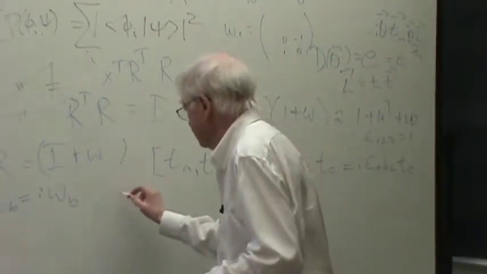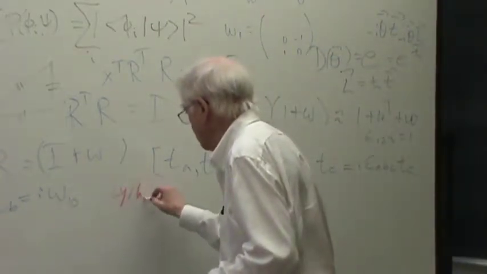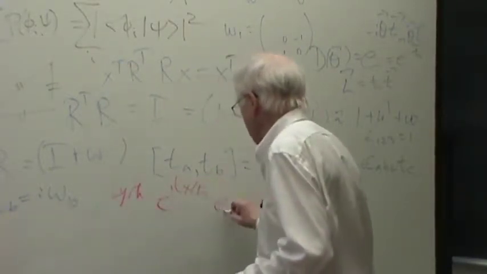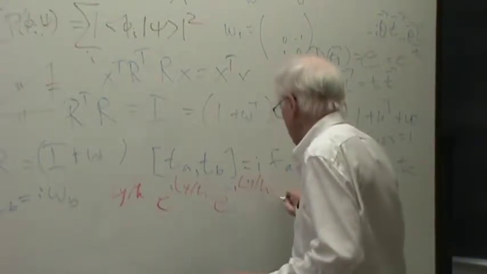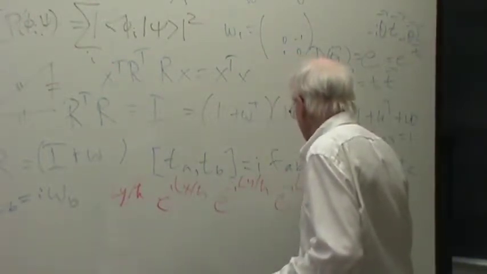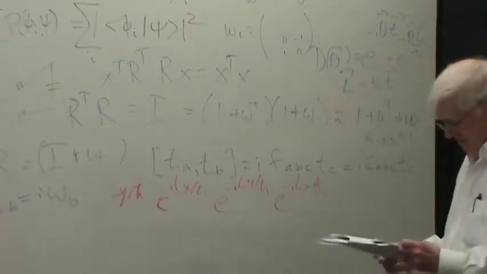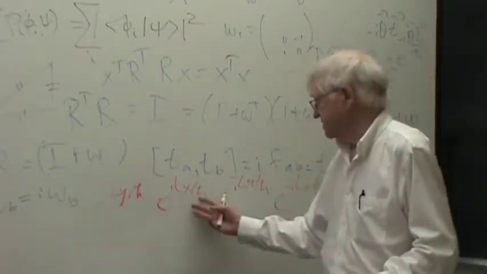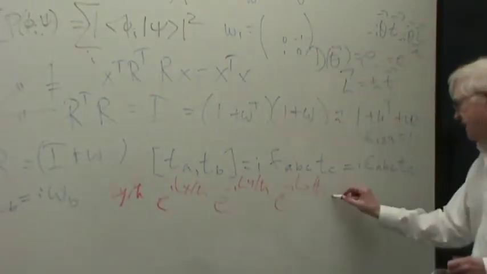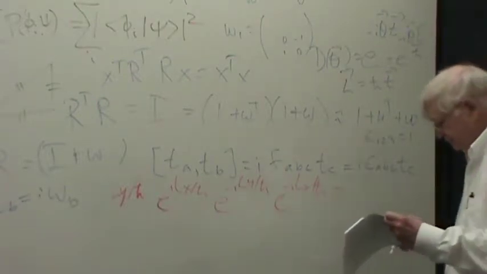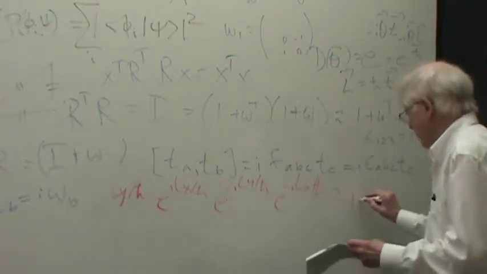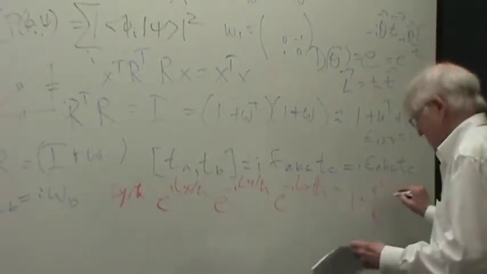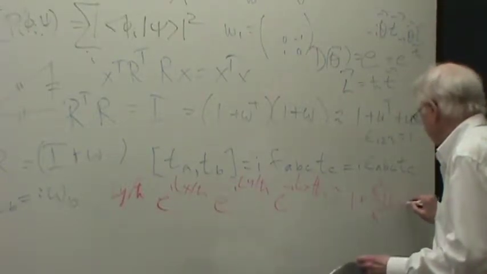So that's e to the i Ly over h bar, e to the i Lx over h bar, e to the minus i Ly over h bar, e to the minus i Lx over h bar. Or equivalently, the same thing with just calling this ty, tx. And this is approximately then 1 plus epsilon squared over h bar squared times the commutator of Lx, Ly.